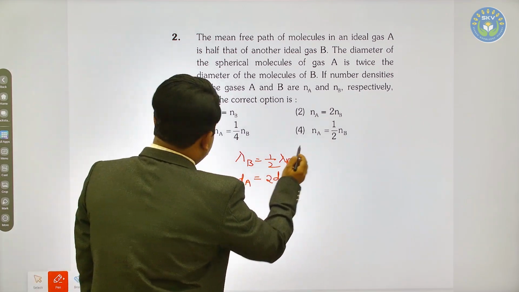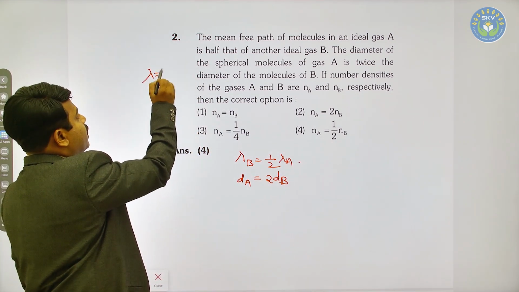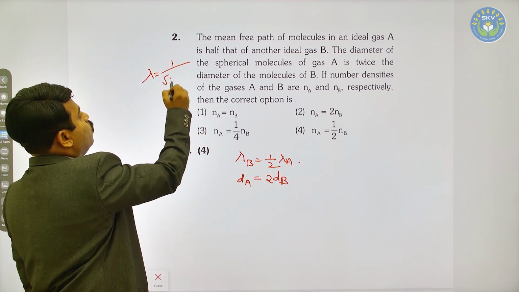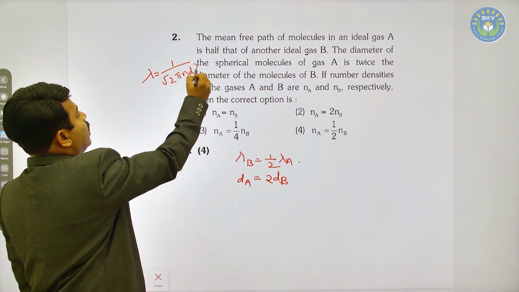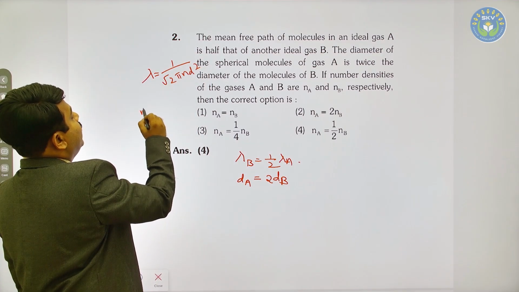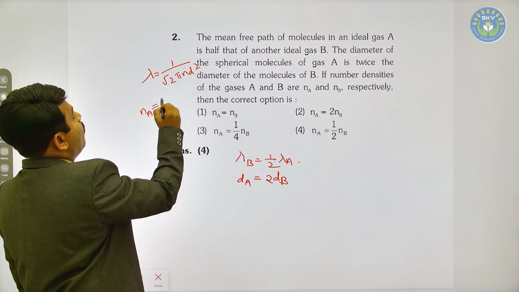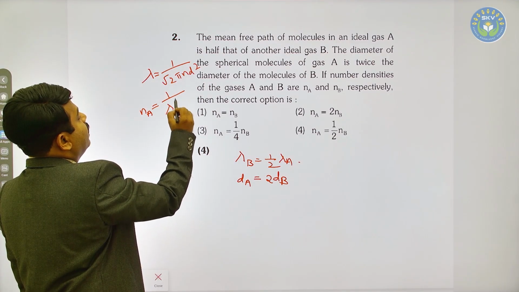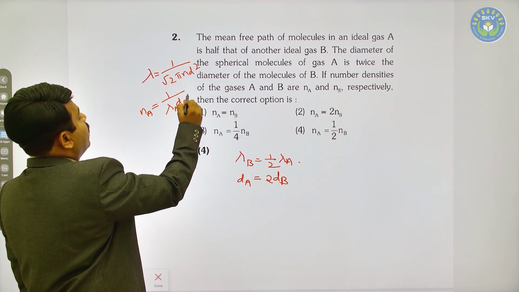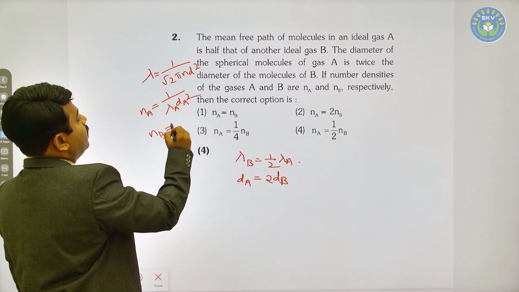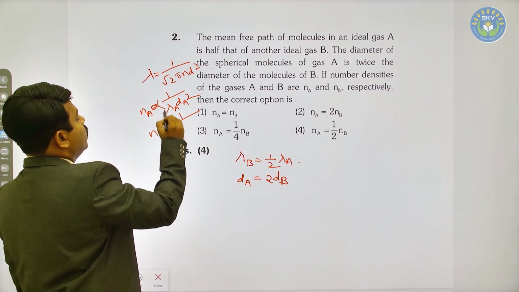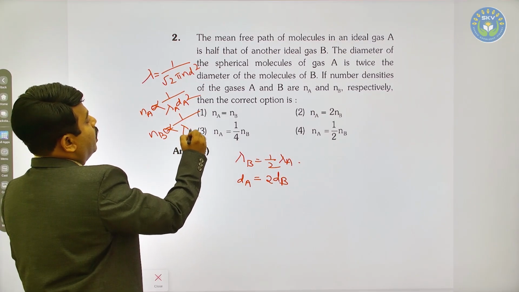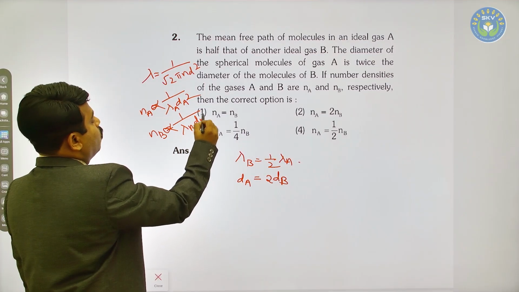What is the mean free path we studied? Lambda is equal to 1 by root 2 pi n d square, right? Then nA is proportional to 1 by lambda A dA square, and nB is proportional to 1 by lambda B dB square.